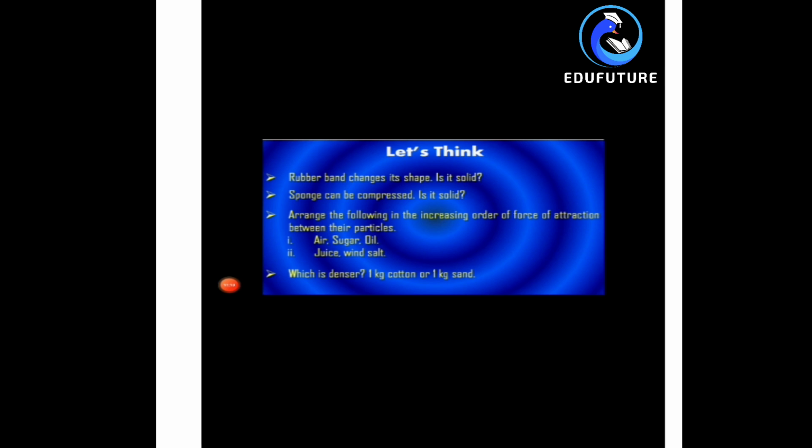Let us think. A rubber band changes its shape. Is it solid? Yes. Although it changes its shape, and that is not a property of solids, because we have studied that solids have a definite shape and definite volume. But how can a rubber band be classified as a solid?